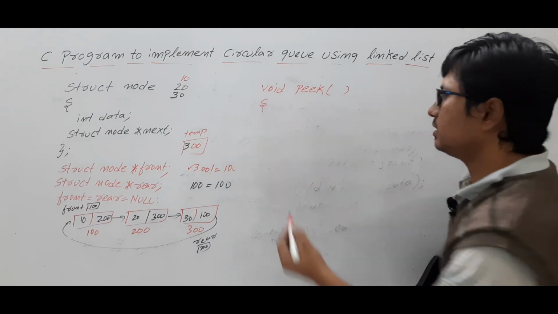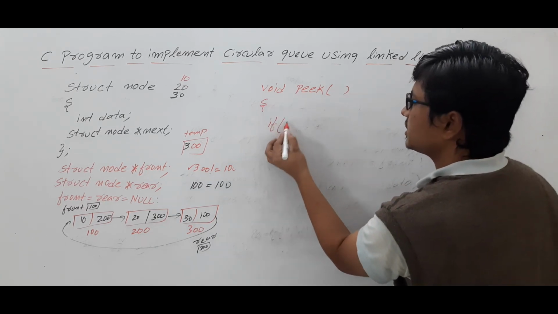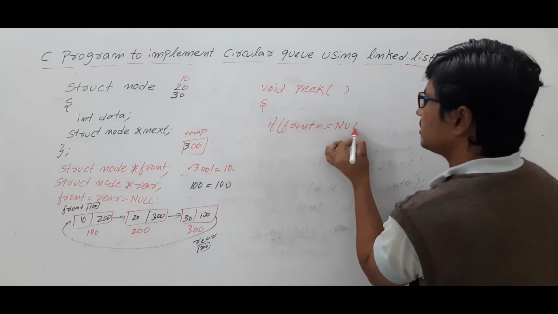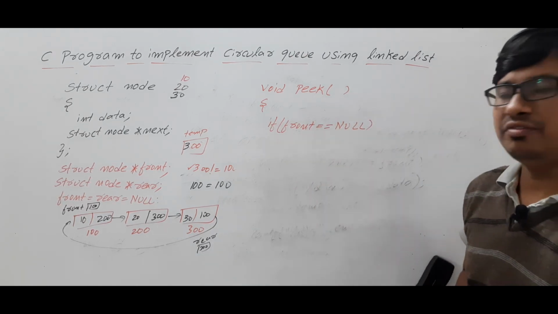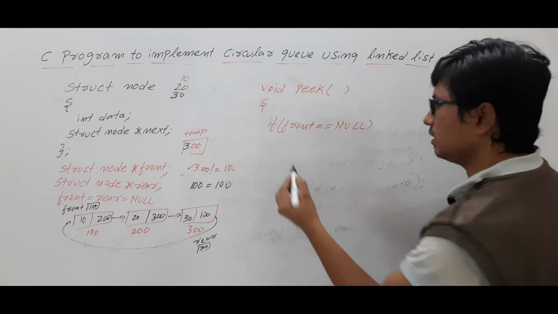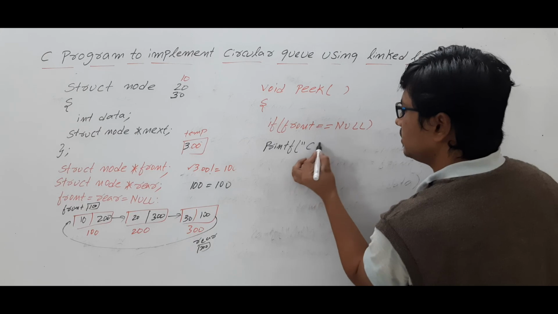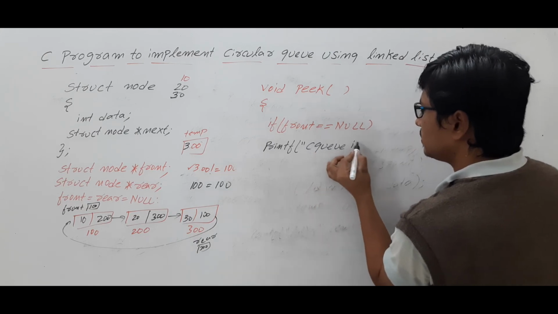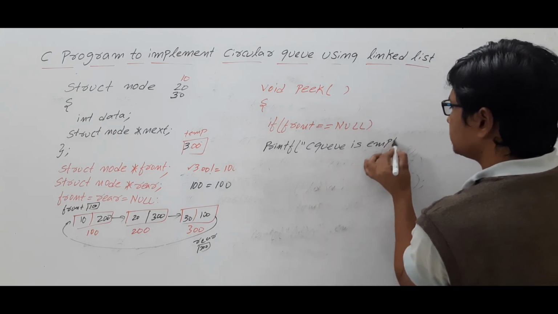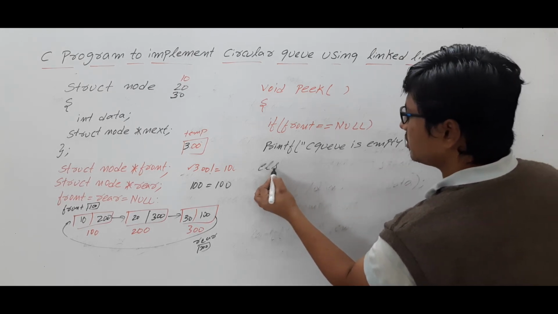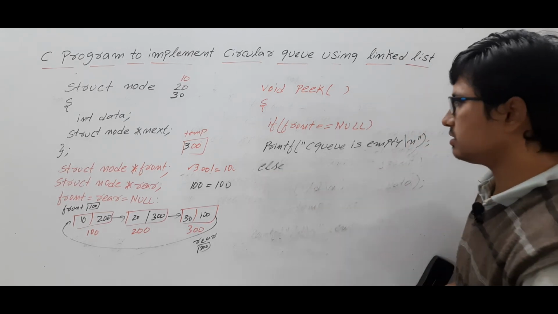Okay, is it clear? So first you need to check whether circular queue is empty or not. How you can check whether circular queue is empty or not? If front is equal to null, then you will display circular queue is empty. Else, if it is false, then there are some elements in the circular queue.